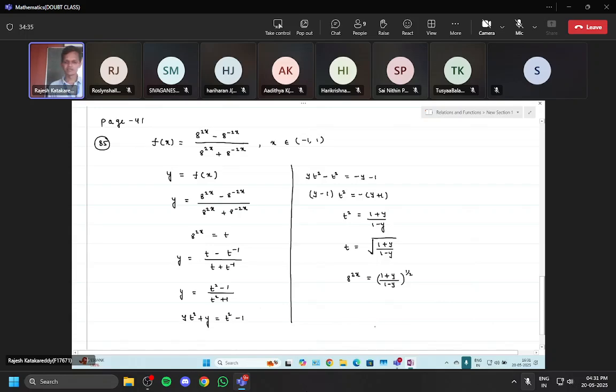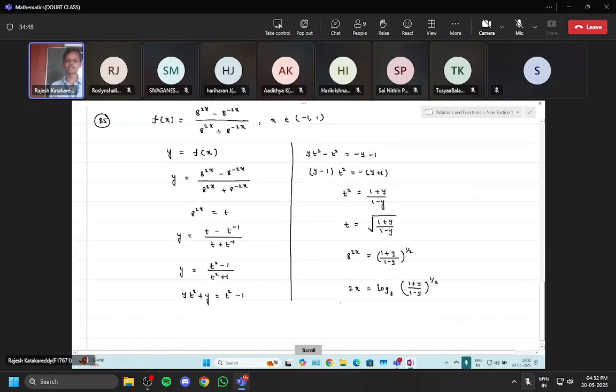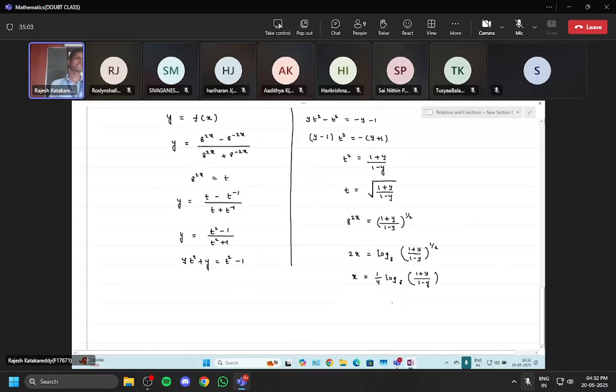So 2x is equal to log base 8 of 1 plus y by 1 minus y whole power 1 by 2. Using the property of logarithm, x is equal to 1 by 4, I get 2 from here and 2 from there, log base 8 of 1 plus y by 1 minus y. As I mentioned earlier, you have x is equal to f inverse y.